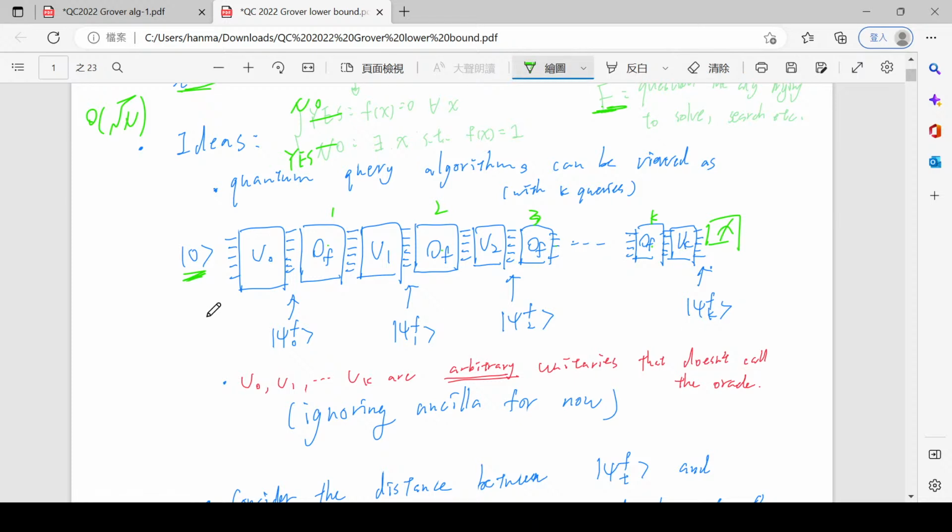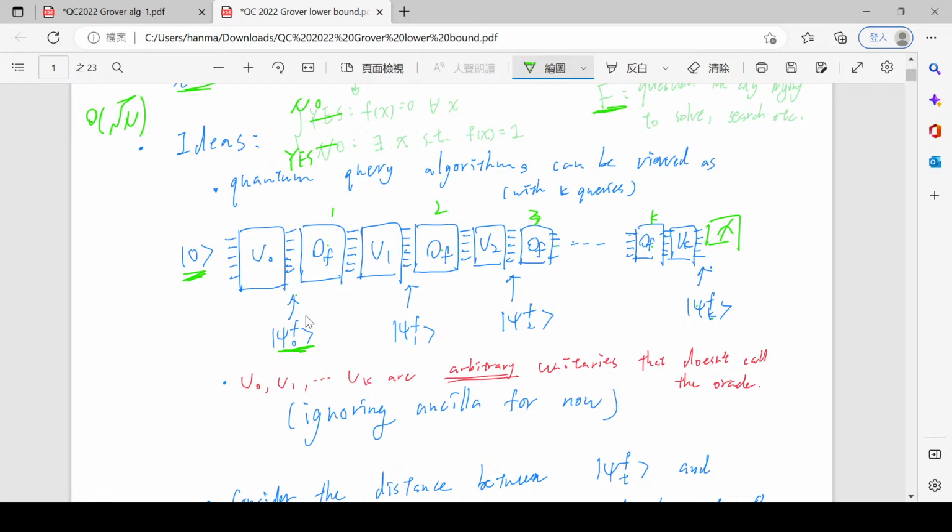So let's make a definition here. When you run this algorithm to here, let's define this state as psi f0. After you run your O_f, then another U1, say this state is psi f1, etc. And at the end, your state will be psi fk.